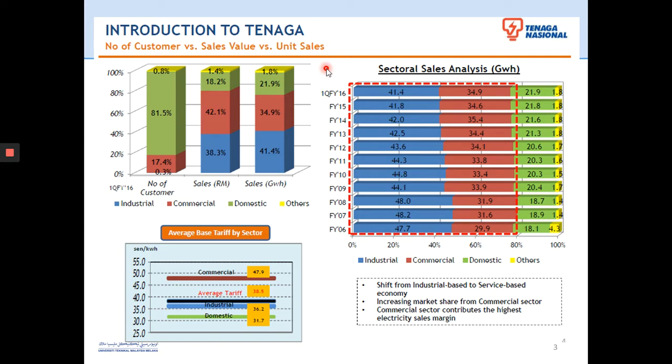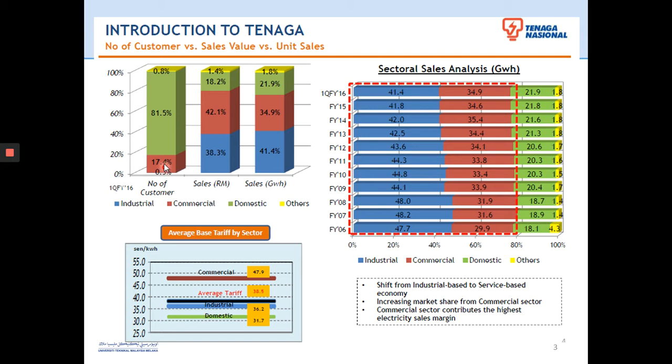Okay, so we see some interesting patterns here. So the category of customer can be divided into 4 types as indicated by the colors. So the blue color is industrial, the maroon color or brown color is commercial, the green color is domestic like homeowners, and yellow is for others.